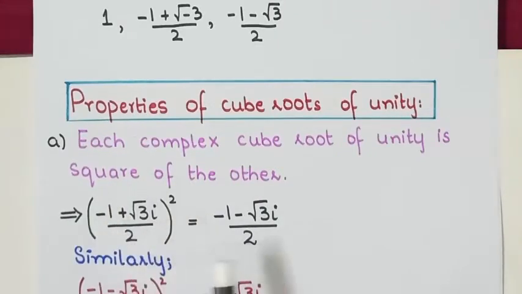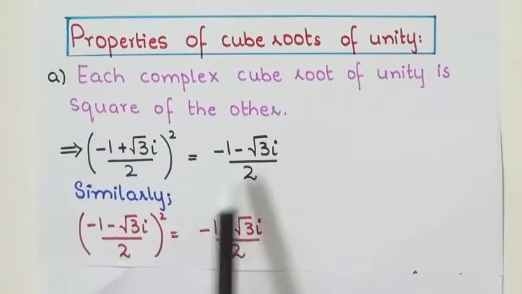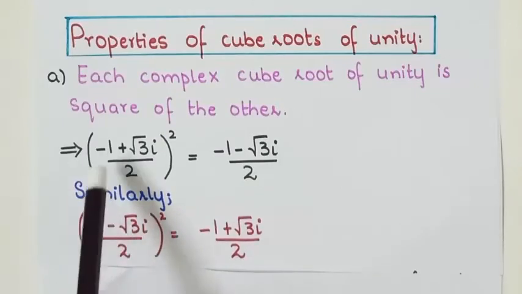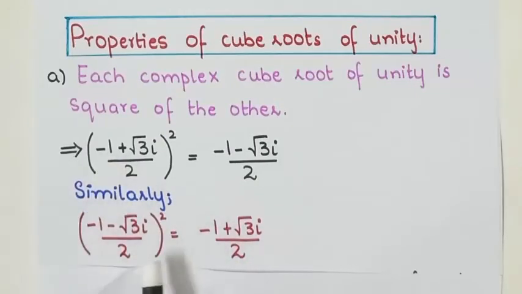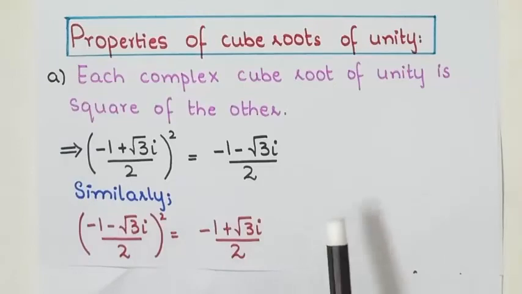And if we take the square of this root, it will be equal to the first root. So if we have two complex cube roots, omega and omega square, each one's square is equal to the other.